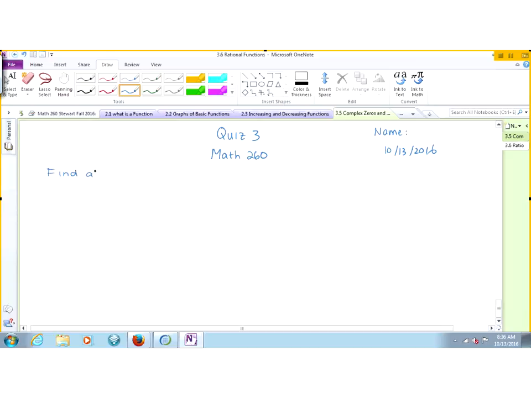Okay, so you know it's find all zeros. So real, complex, whatever, you have to find all zeros. So it's very simple. Okay, it's just this. P of x is equal to x cubed minus 7x squared plus 17x minus 50.